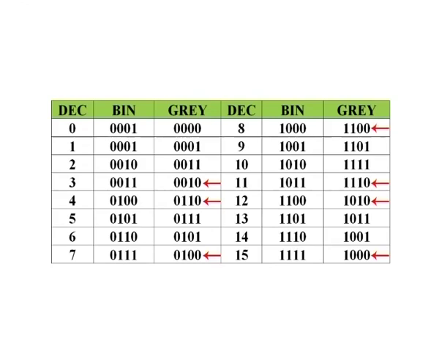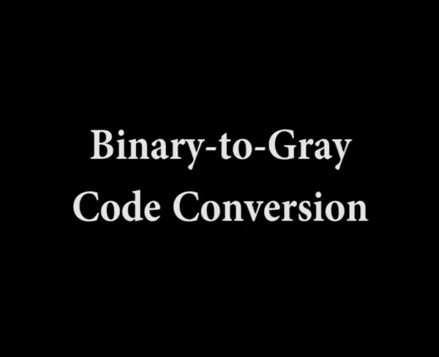The next higher adjacent bit follows a pattern of 4 and so on. Binary to Gray code conversion. Conversion between binary code and Gray code is sometimes useful.